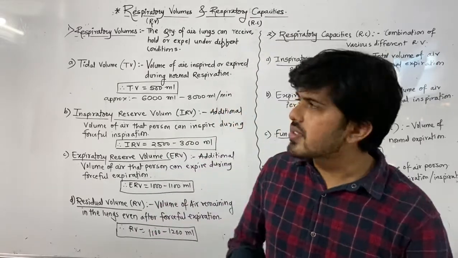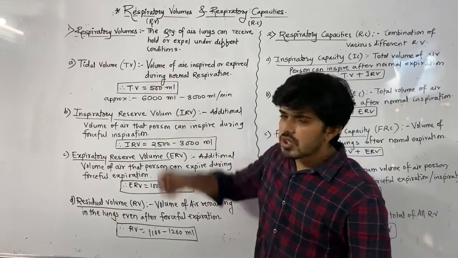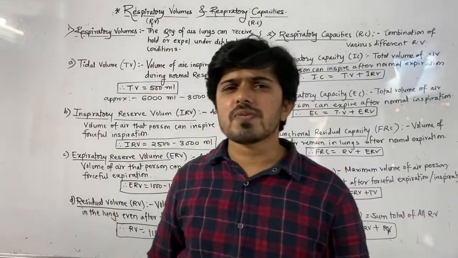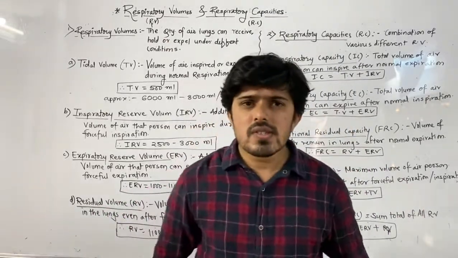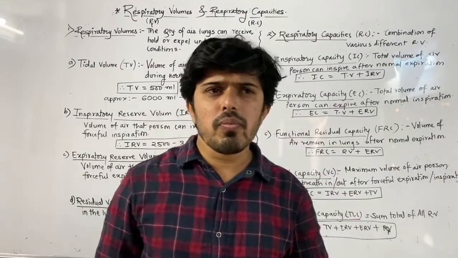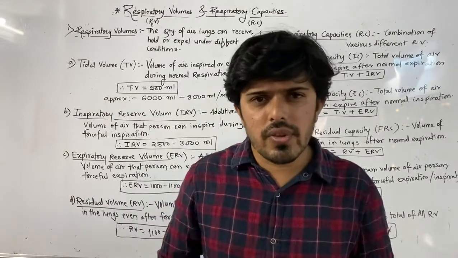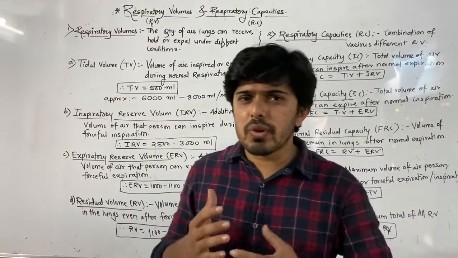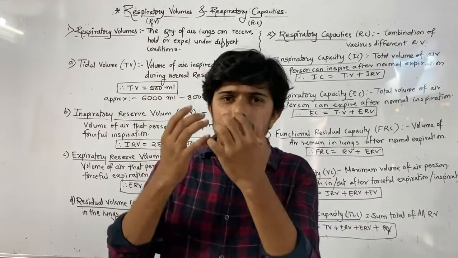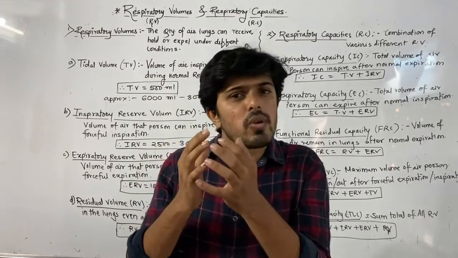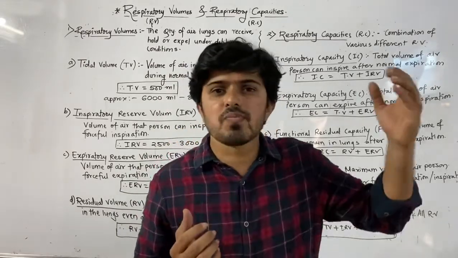So let us start with respiratory volume. You may be thinking, what is the meaning of respiratory volume? See, the normal mechanism of breathing we have studied. We take in air, we give out air. Now suppose what the lungs will be doing during this. The lung will receive air, the lung will hold a certain amount of air, the lung will expel air.